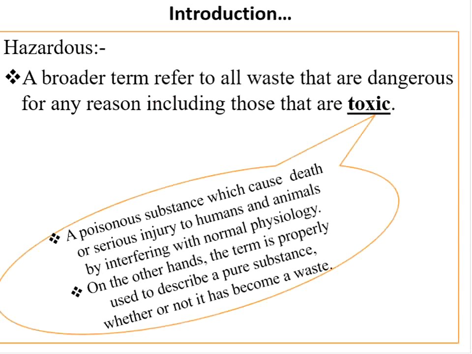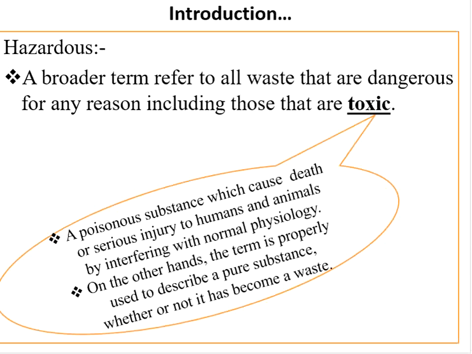Thus, what does hazardous mean? It is actually a huge, broader term that refers to all waste that is dangerous for any reason, including those that are toxic. In fact, toxic is a poisonous substance which causes death or serious injury to humans and animals by interfering with normal physiology.